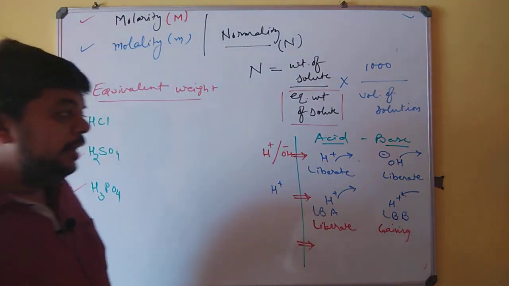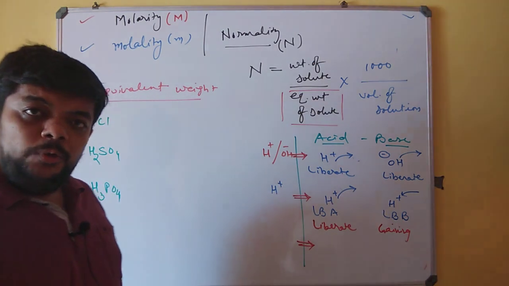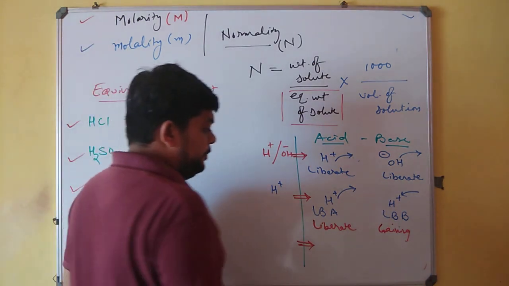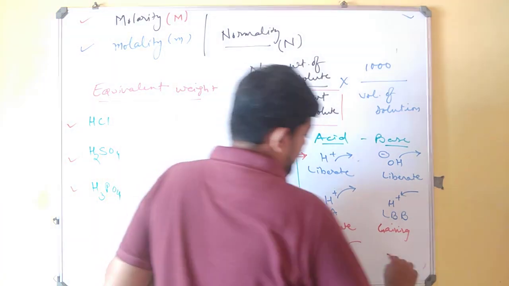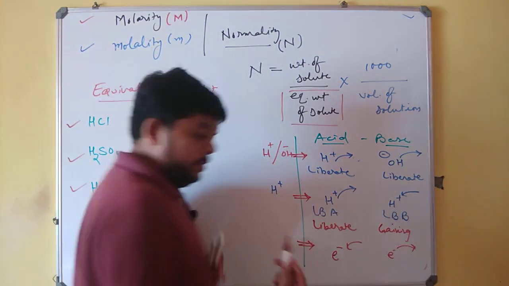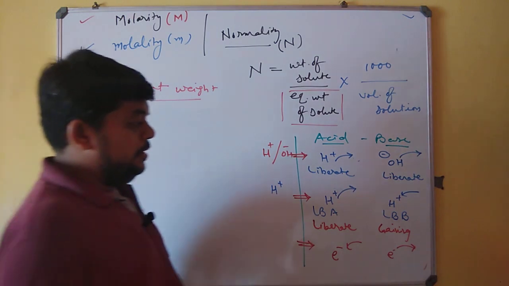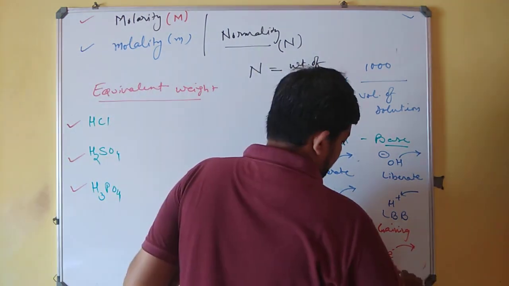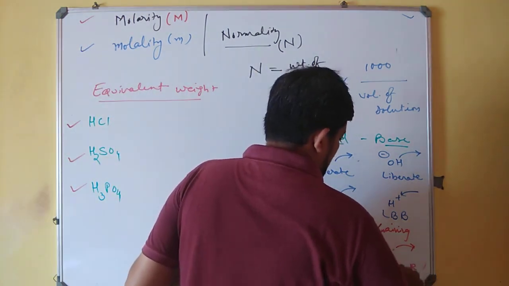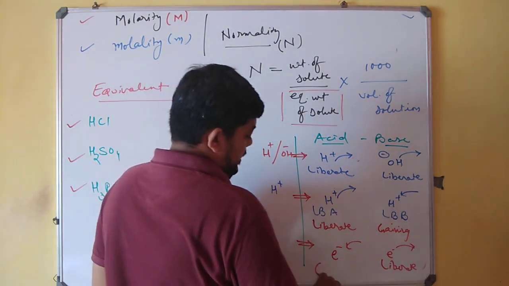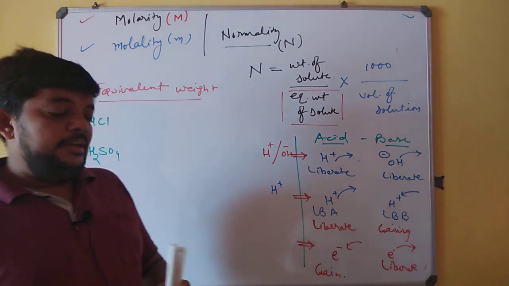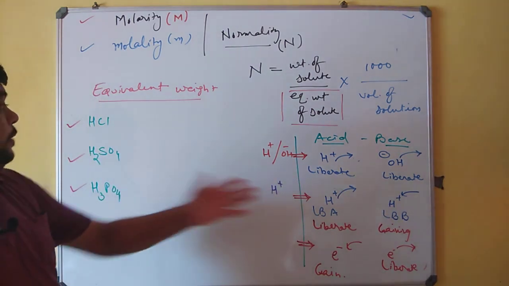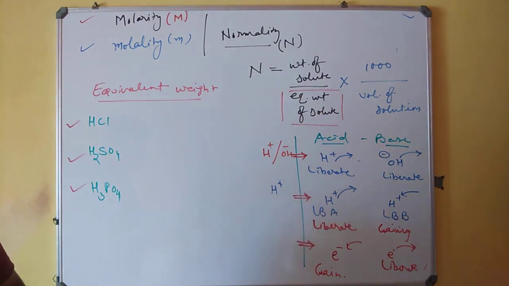Coming to the third part, that is Lewis acid, Lewis base. Always remember, when electron is gained and when electron is lost. When electron is lost, that is liberated, it is Lewis base, and when it is gained, it is Lewis acid. So these are the fundamentals which are sometimes required over here while calculating the equivalency.